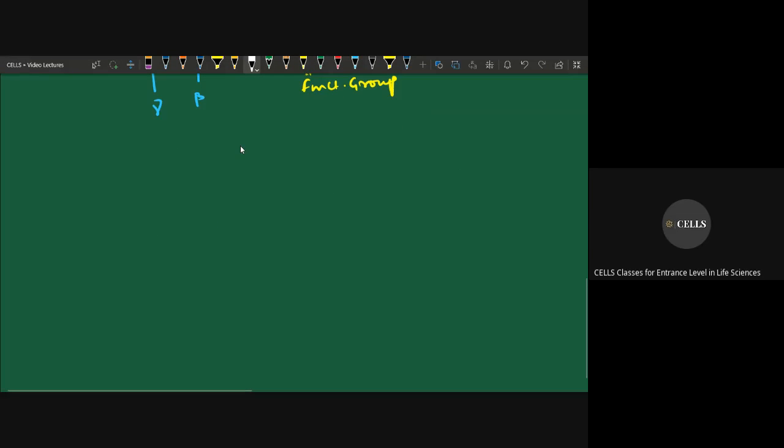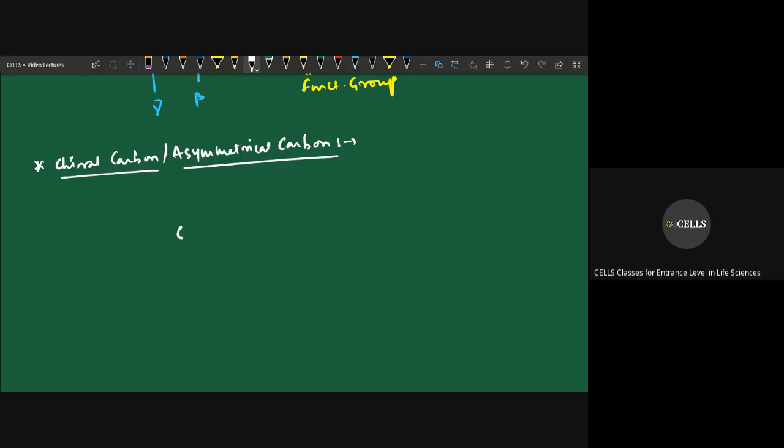Now another type of carbon is known as the chiral carbon. It is also known as asymmetrical carbon. We know that in an asymmetrical or chiral carbon, we have all four groups different. For example, suppose we have C with bromine, chlorine, iodine, and fluorine.